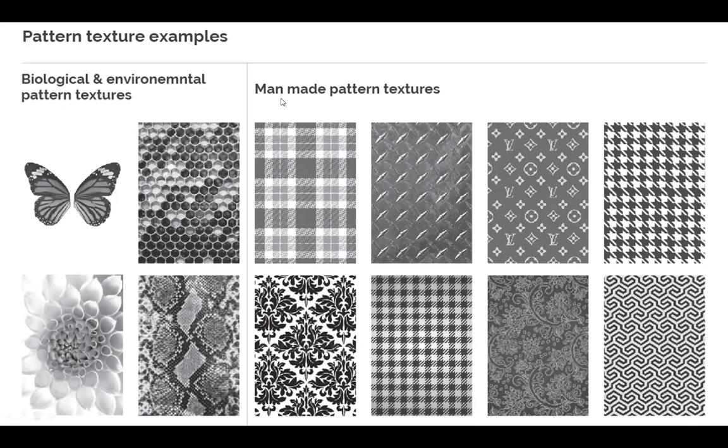And then we also have man-made pattern textures. Man-made, just like the way you understand, they are created by man. So it depends on the creativity of man. When you look at this one, there are lines and then there are shapes. You can see this one has around 3 items, but they are repeated.